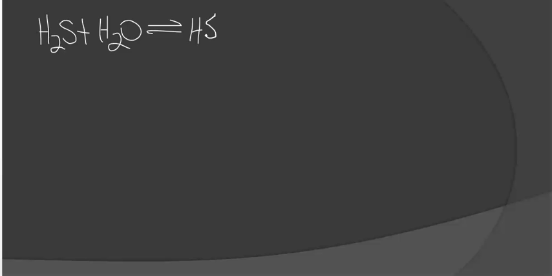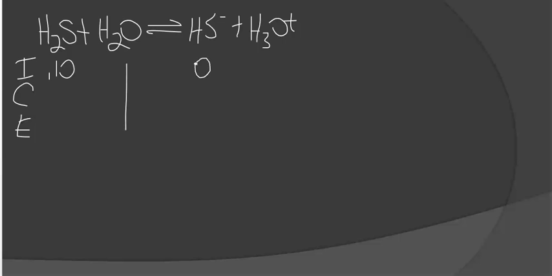So we're going to start with the first dissociation. H2S reacts with water to give HS- plus H3O+. The initial concentration is 0.1. Products are 0.